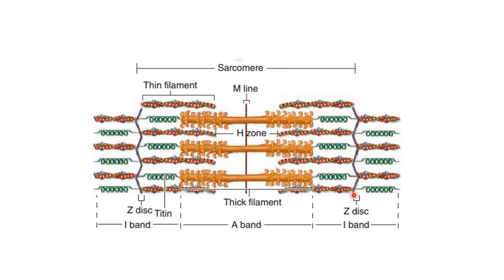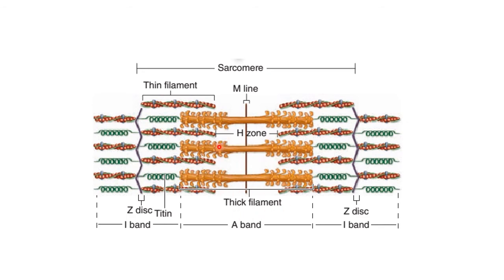And in the Z disc we have the actin binding protein alpha actinin, which binds these actin filaments together. In the A band we have the thick myosin filaments and the overlapping parts of the actin filaments.